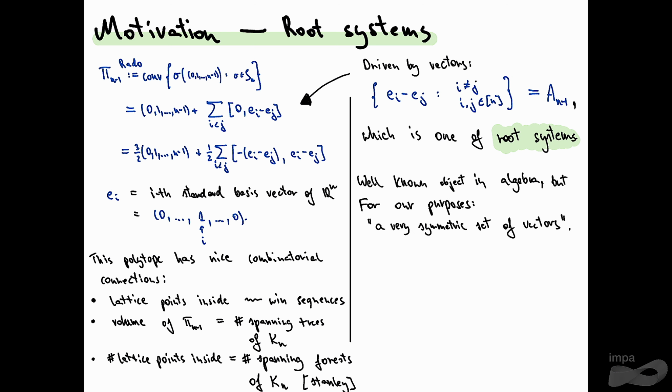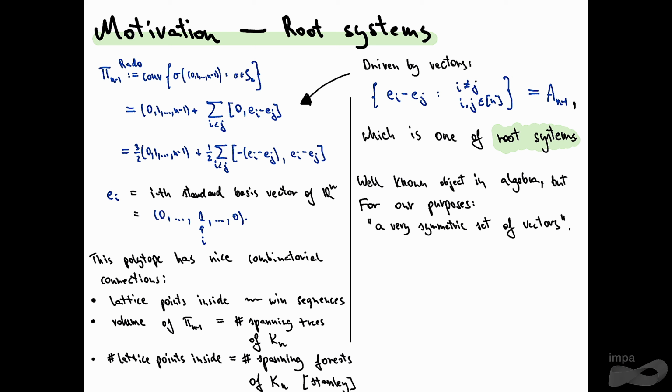It turns out it's a very well-known, studied object in algebra, which underpins many objects that appear in algebra. For example, it's crucial for the classification of simple Lie groups, and other stuff.